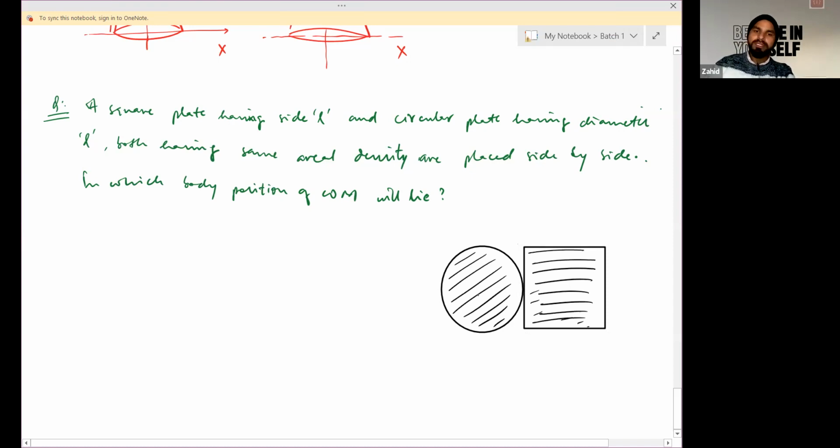We have two bodies, one is a circular plate and the other is a square plate, placed side by side. So we have to define in which body the center of mass, or position of center of mass, would lie.